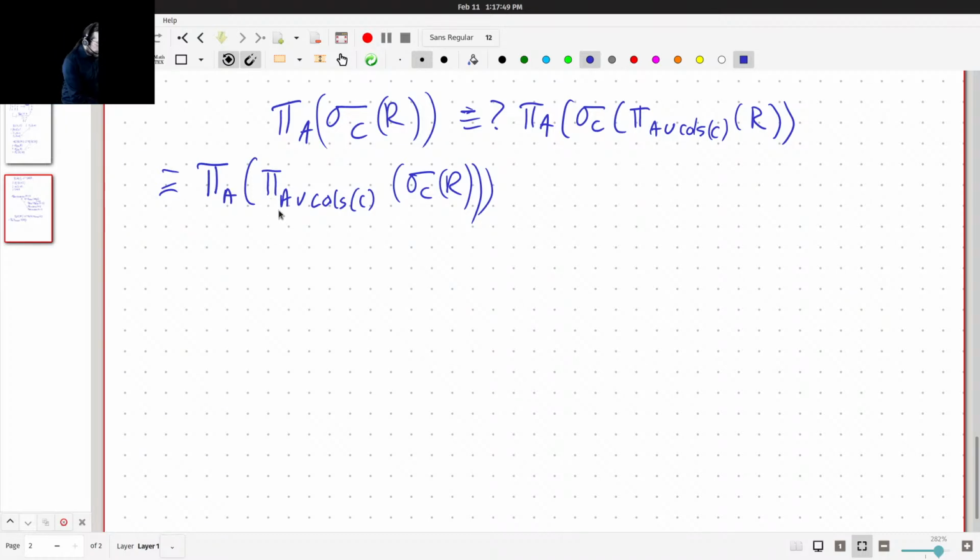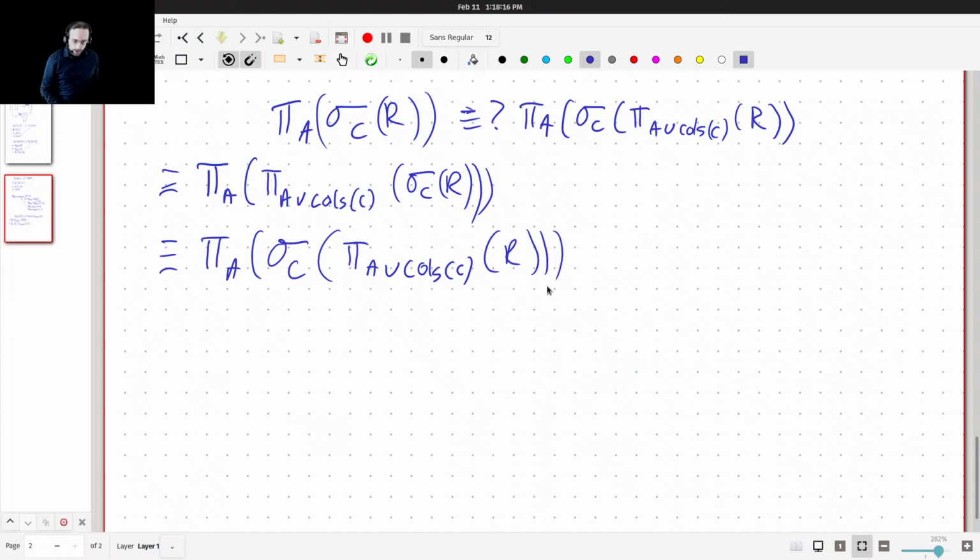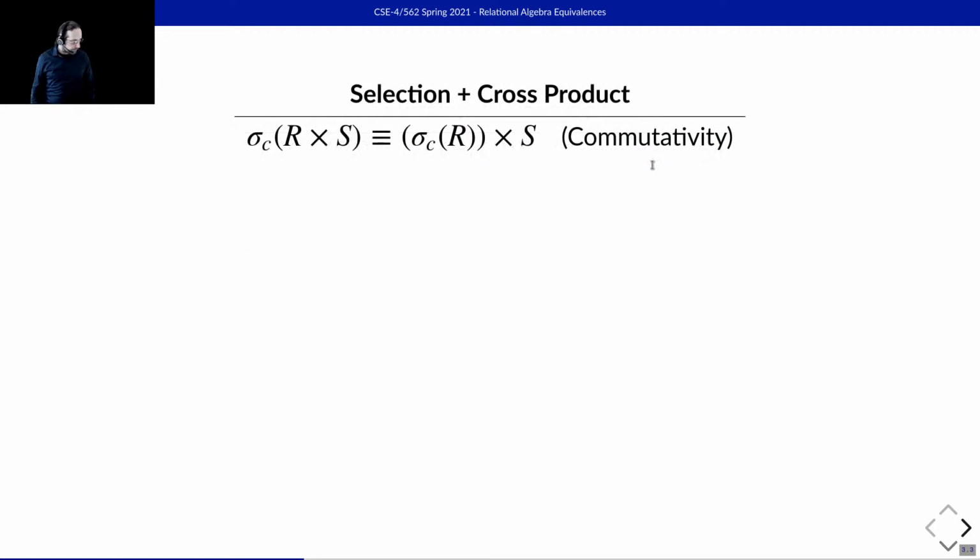Since by definition the projection does include all of the columns that show up in the selection, this is guaranteed to be equivalent to projection of A, selection, and projection of A union the columns of C of R, 1, 2, 3. And now we've just proved to ourselves that those two are equivalent.